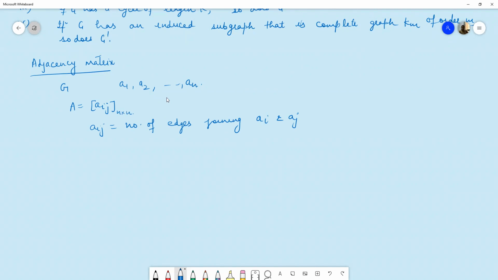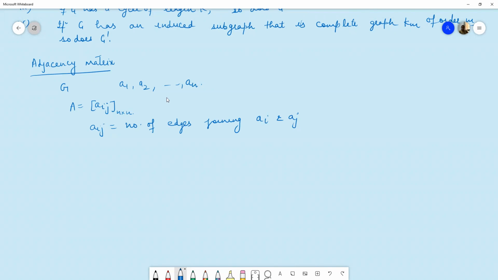And the entry aij will be given by the number of edges joining the vertex ai to vertex aj. Or we can say aij equals 1 if and only if ai and aj have one edge between them.